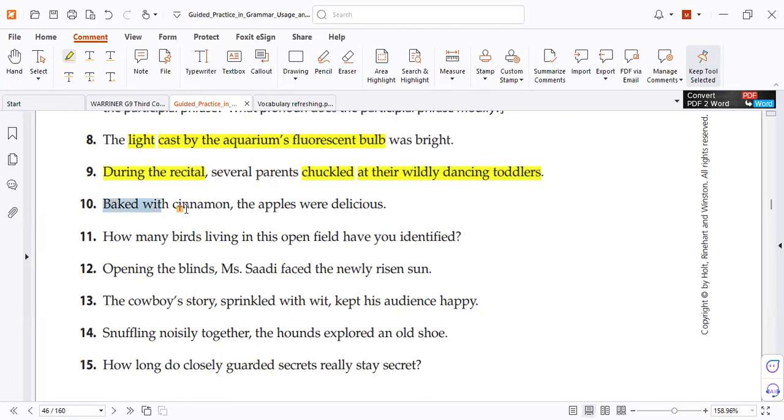Again, participle phrase. Remember, you should know something. The phrase can be at the beginning, followed by a comma. So the comma helps me to know the end and the beginning. If it is in the middle, you will find two commas. Sometimes we don't have a comma, but it is most common.